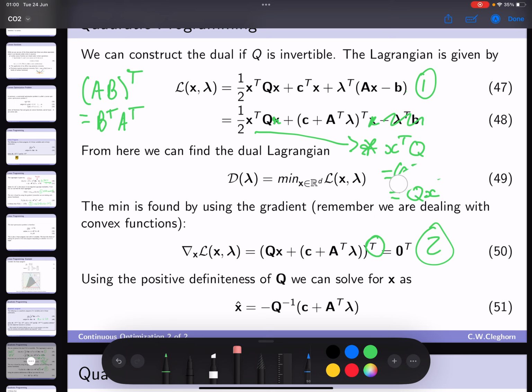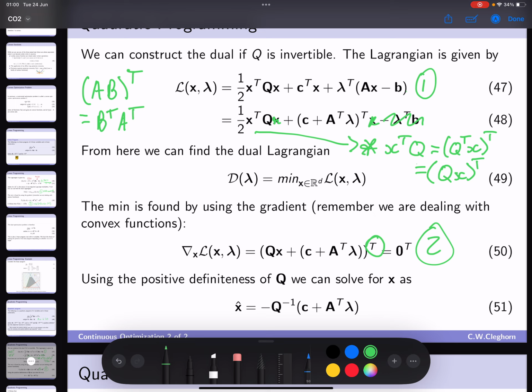Okay, so again, I'll write that out once more. We're going to transpose this term, so we end up with (Q transposed x) all transposed, using this property at the top left over there. But lastly, we can also note that Q, by assumption, is symmetric. And so we're left with this term out front.